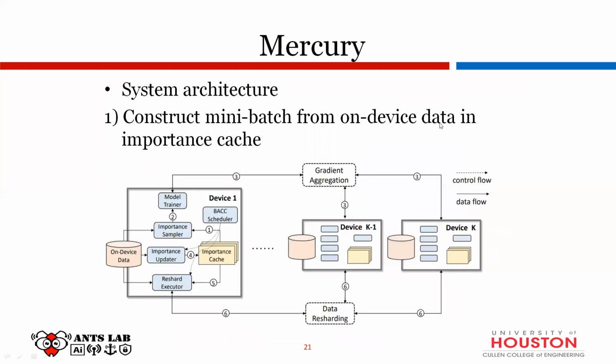So here we have the system architecture. This is the entire process of how they do it. In the first step, they construct the mini-batch from on-device data in the importance cache, and they throw it into the importance sampler.